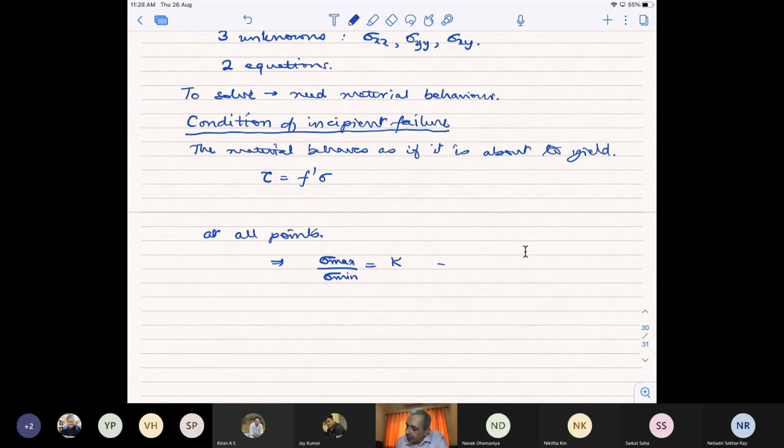And we already know that sigma max and sigma min are functions of sigma xx, sigma yy, sigma xy.